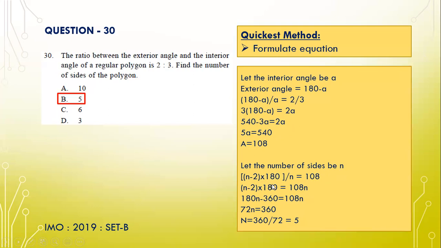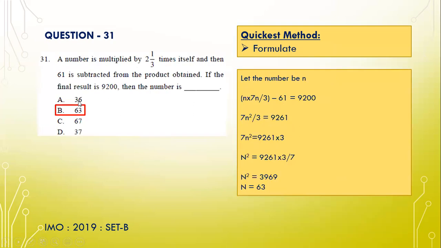So n minus 2 into 180 is 180n minus 360 is 108n. And when 108n comes here, it will be minus. So 180 minus 108 is 72n. When minus 360 goes there, it will be plus 360. So 72n is equal to 360, and n is 360 upon 72, which is 5. So number of sides is 5, isn't it? Number of sides is 5.